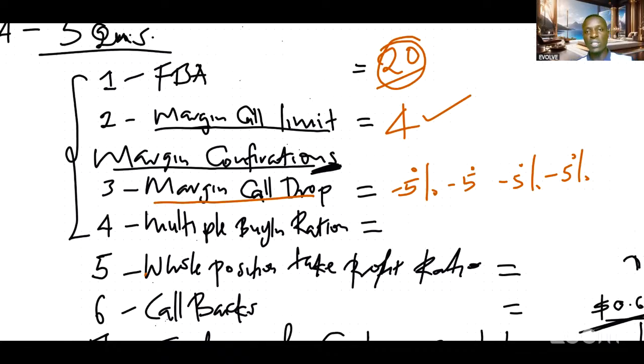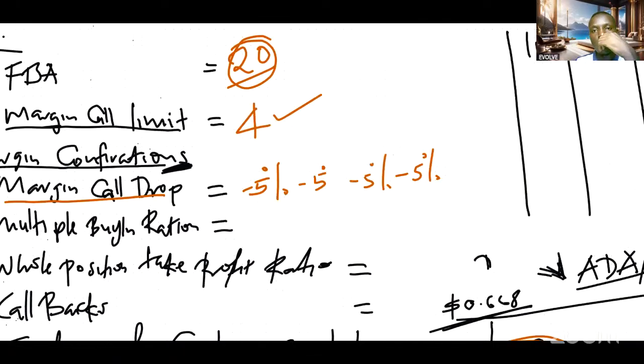So my question is, if Ronald is going to use $10 as the first position, the second position, the robot is going to enter $20. It will double.